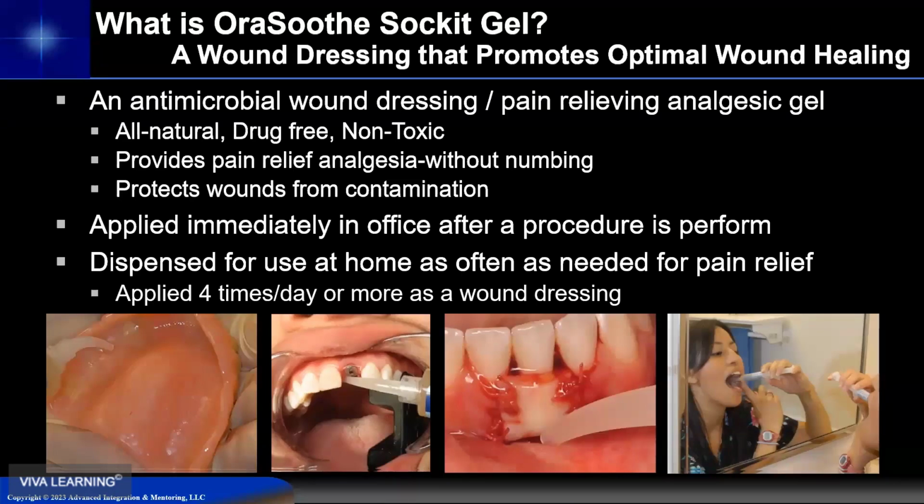They can place it directly in their denture or squirt it directly on the wound. My instructions are to put it into something small, like the small end of a shot glass, and apply it with a Q-tip, your finger, or your toothbrush. If you think you're dexterous enough to squirt it into the extraction site, you can do that, but most patients don't have that ability.